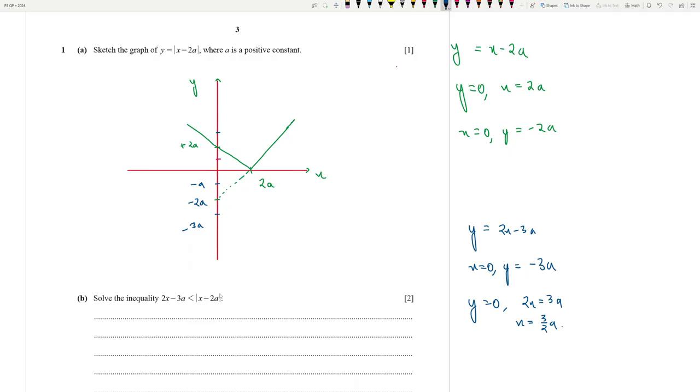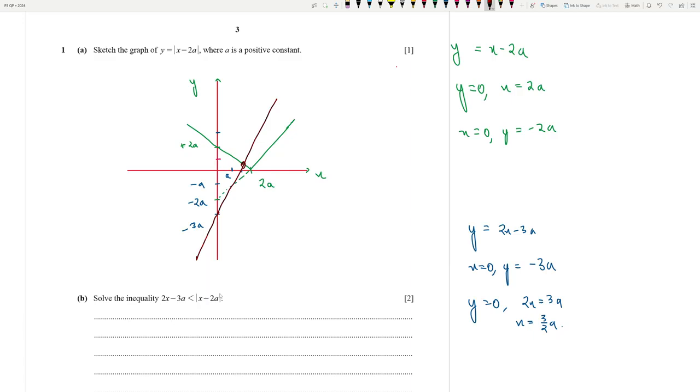It's not a modulus, it's going to be a straight line. Where's 3 by 2 a? It should be over here. So it essentially intersects at a single point with the modulus component.